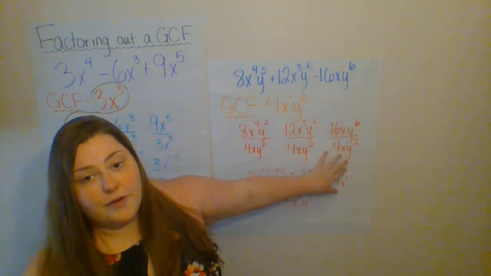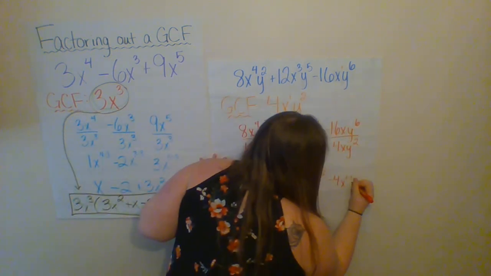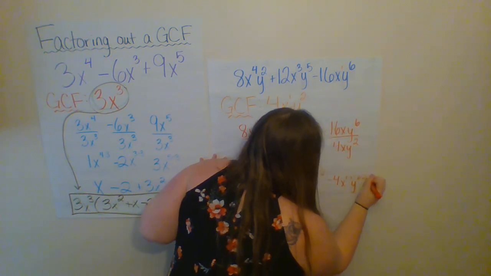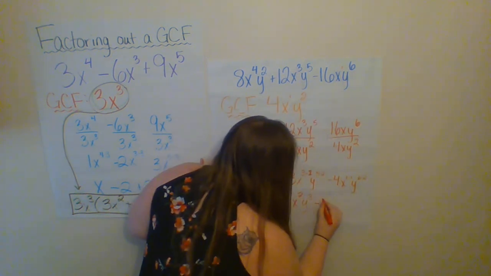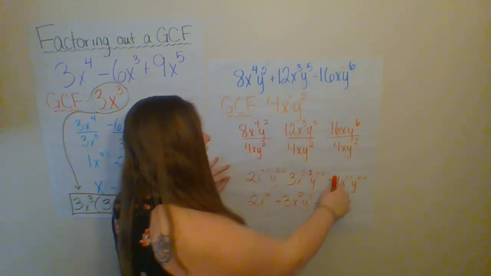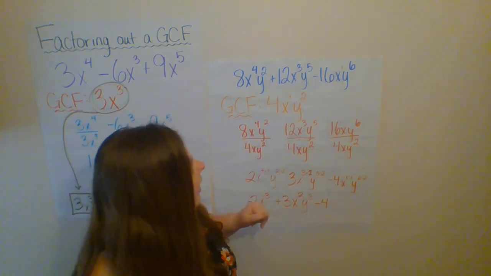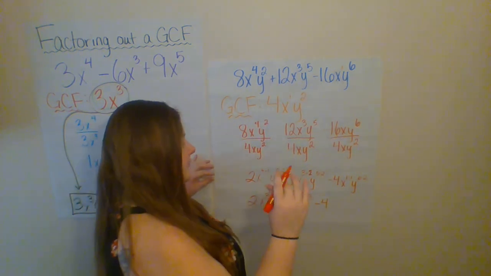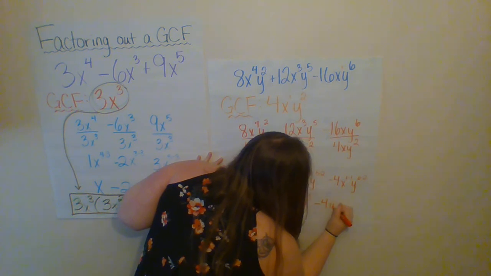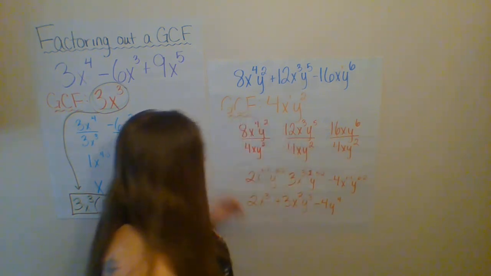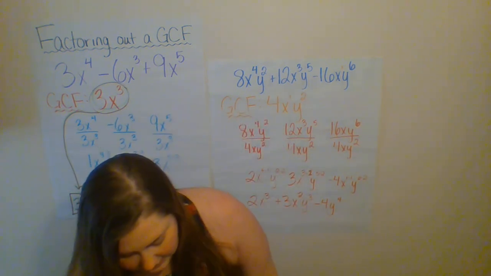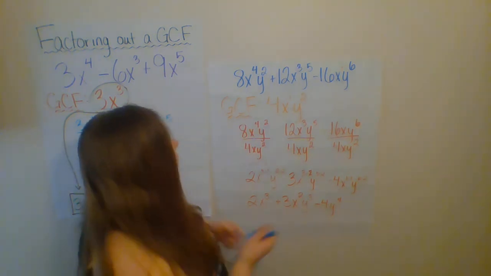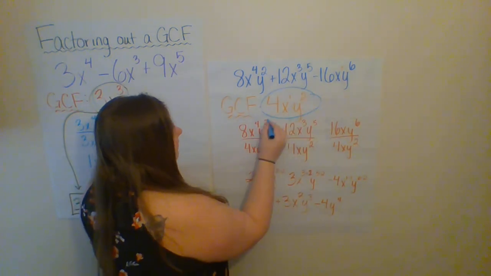Y to the 6 over y squared becomes y to the 6 minus 2. We bring down that negative 4. Our x's cancel out. And our y to the 6 minus 2 becomes y to the 4th. So now the last thing that we have to do here is bring down that GCF in front.